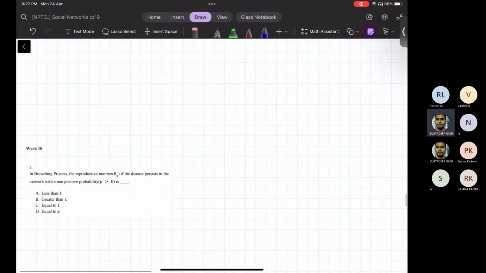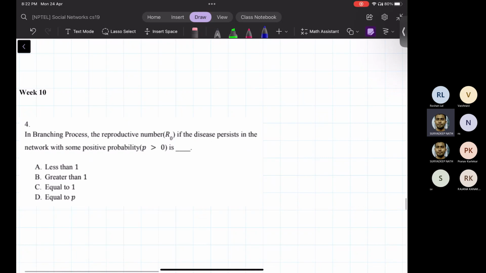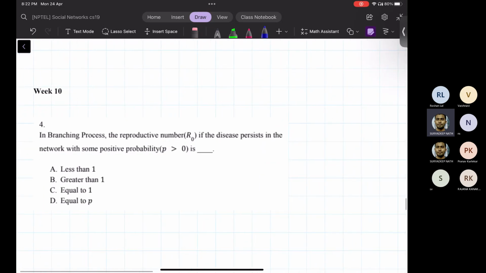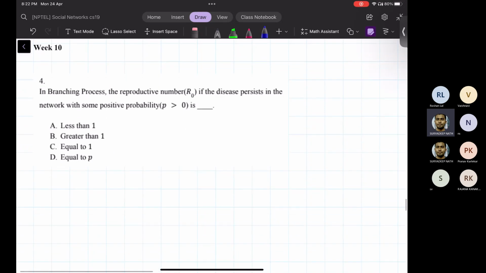Okay, so coming to week 10. In the branching process, the reproductive number, if the disease persists in the network. So in a branching process, you have one node and it has k children, and each of its children again has k children, and this continues like this.